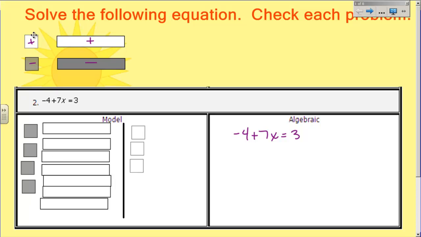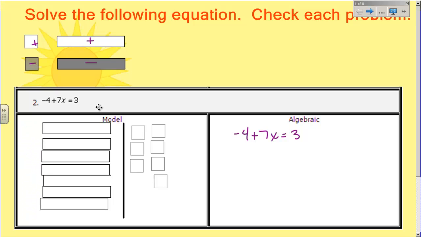Since I have 4 negatives here, I'm going to add in 4 positives to make those cancel out. These make zero pairs because 1 positive and 1 negative cancel each other out. But if I add 4 positives over here, I also have to add 4 positives over here. And these canceled each other out, so they just disappear.